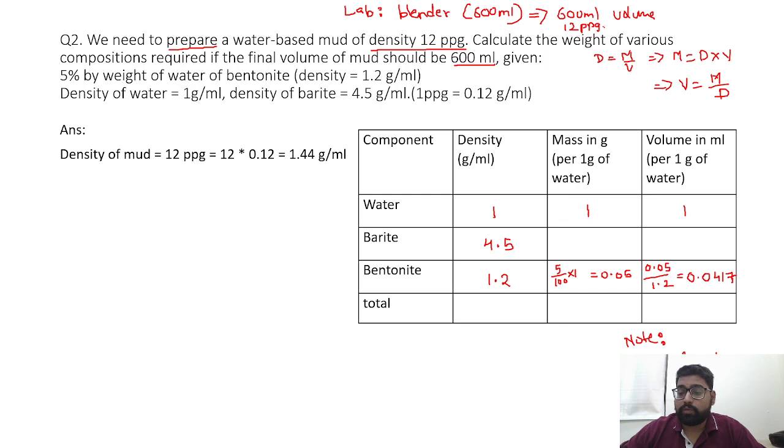So if you want a mud which has 8.33 ppg, you can just use water. But if you want to increase the density, we use barite. In the previous question also we were talking about barite, and in this question also. Just to remember, barite is used to increase density.